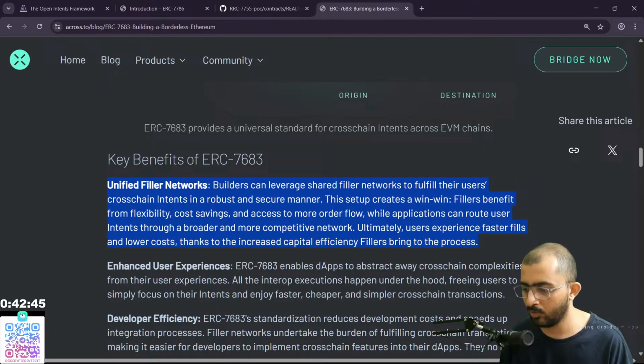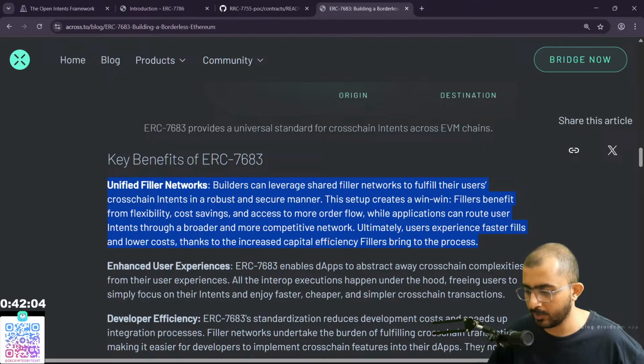It depends on how these intents are executed, like who gets to fill the intent, and how that filler is chosen. That's the important part, because if anyone can compete, then there is a chance that they might extract some value out of this, not just fees, but more than that.